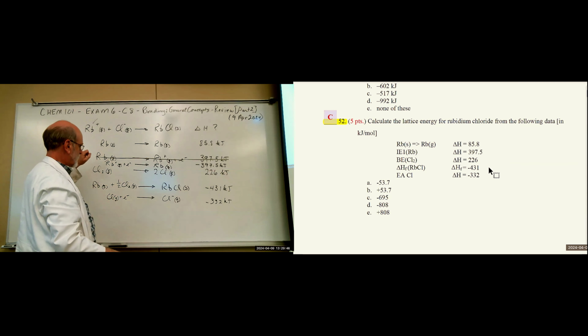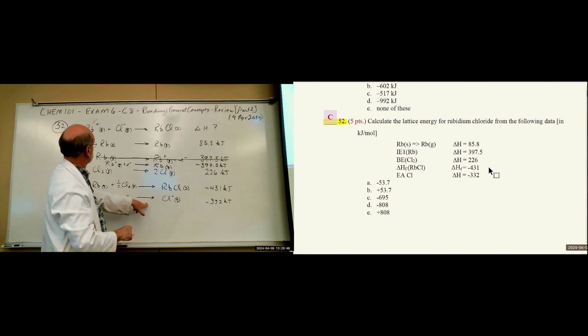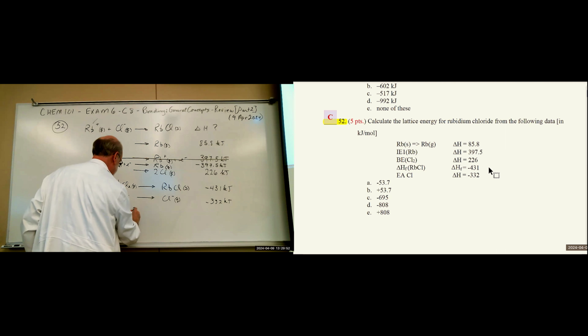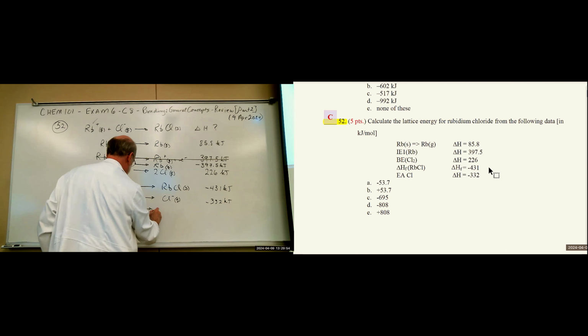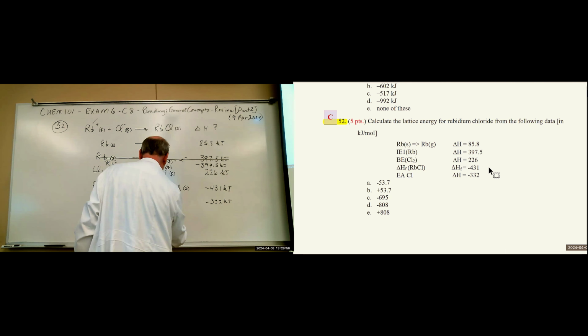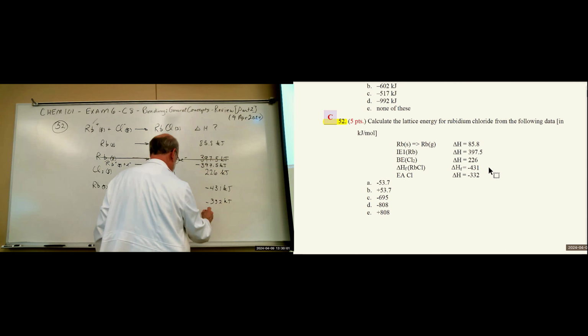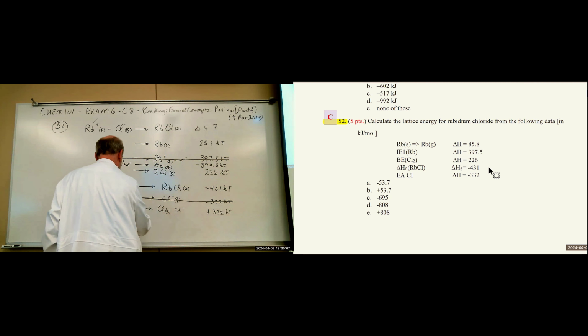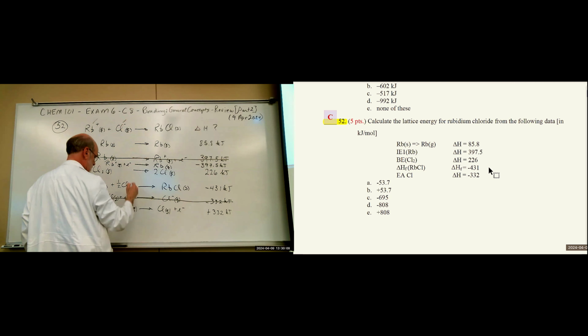How about chloride? Chloride here. That needs to be on this side also. So chloride minus gas yields atomic chlorine plus an electron. And that's going to be +332. Okay, that takes care of this one.